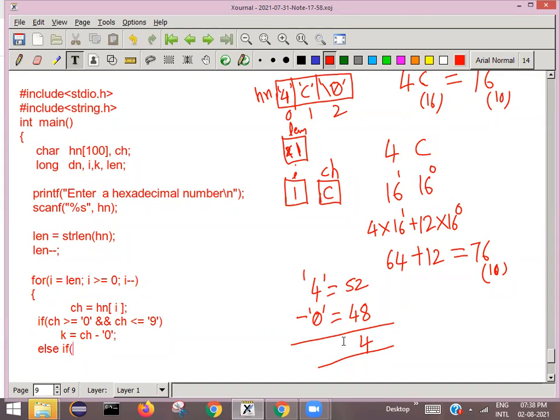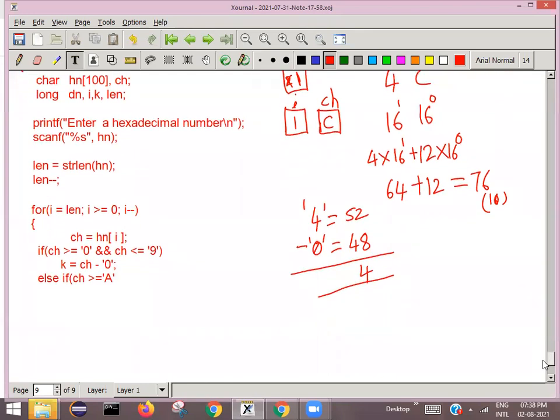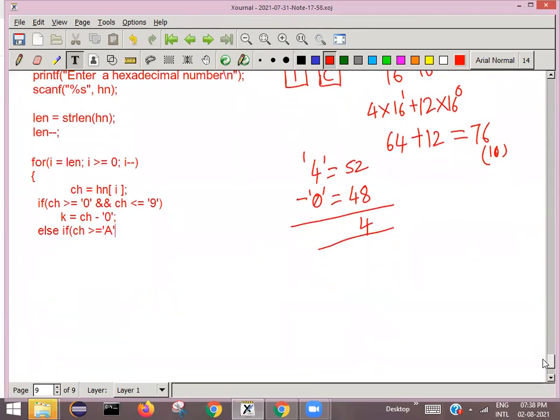So if ch is greater than or equal to capital A, and ch is less than or equal to capital F. You may get any character in between A to F. If you get an A to F character, what happens?